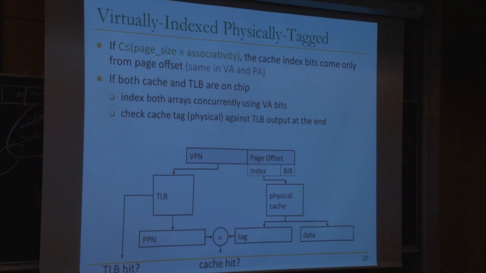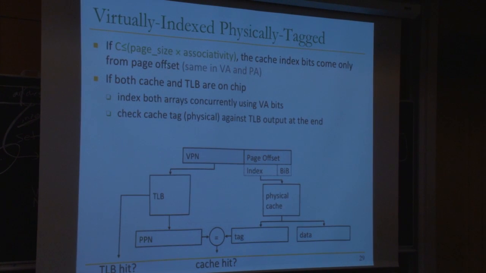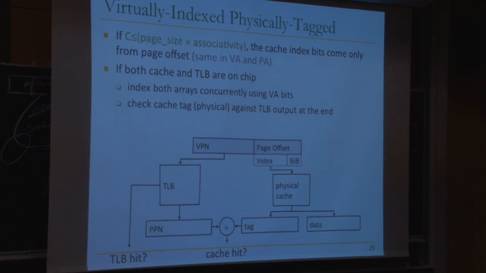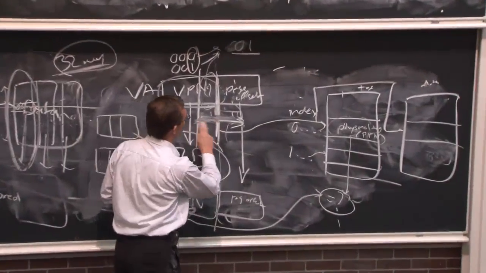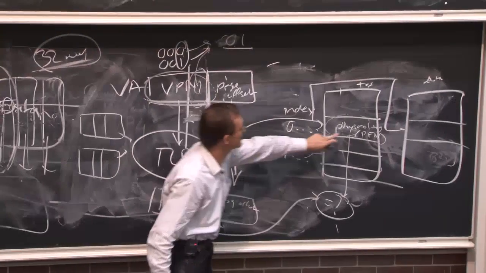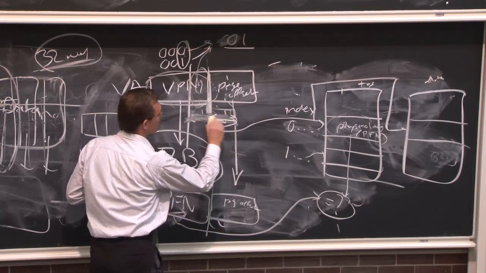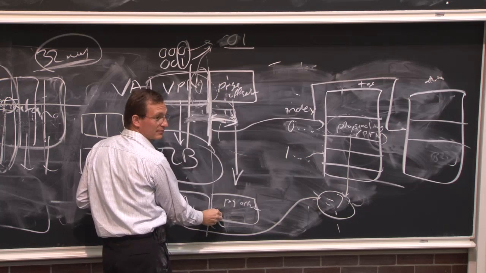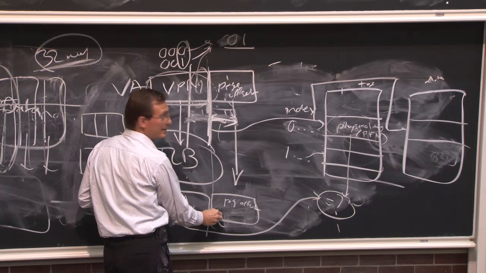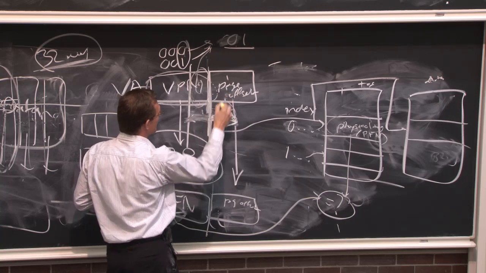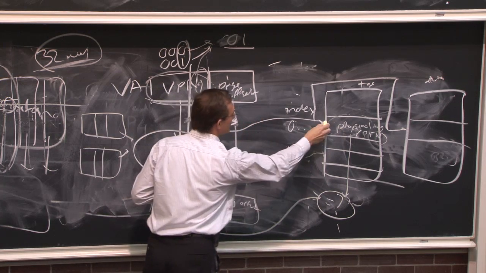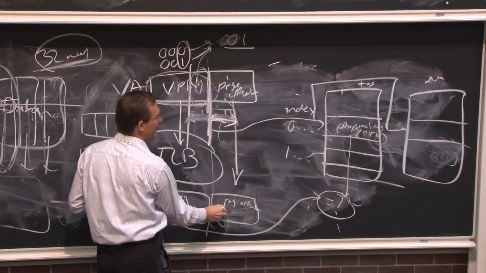What I said here is if your cache size is actually less than page size times associativity, and you can figure this out, the cache index bits come from the page offset. So one way of solving the problem is ensuring that a physical address remains in only one location is you always index your cache with the bits that do not change during translation. That way you ensure that the index of the block for a given block stays the same with virtual and physical addresses.